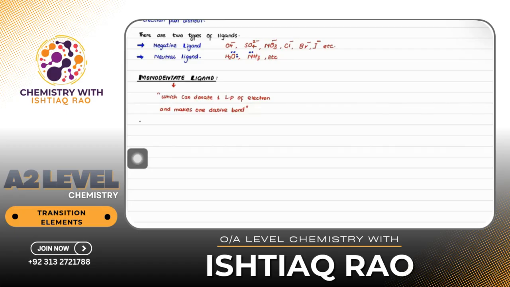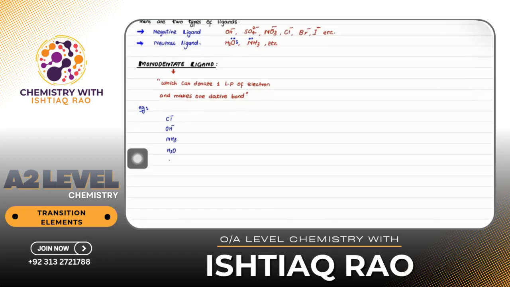Some of the examples I remember are these ones, etc. They can only donate one electron pair.